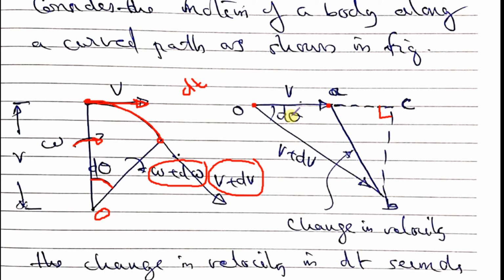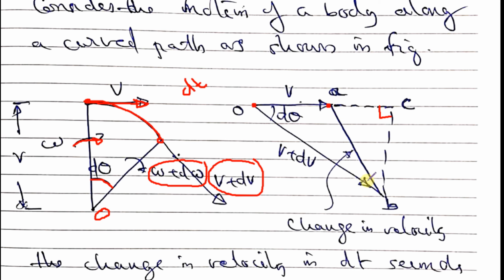Since these are velocities, this plus this is equal to this one. Another way we can say is that the change in velocity is AB.